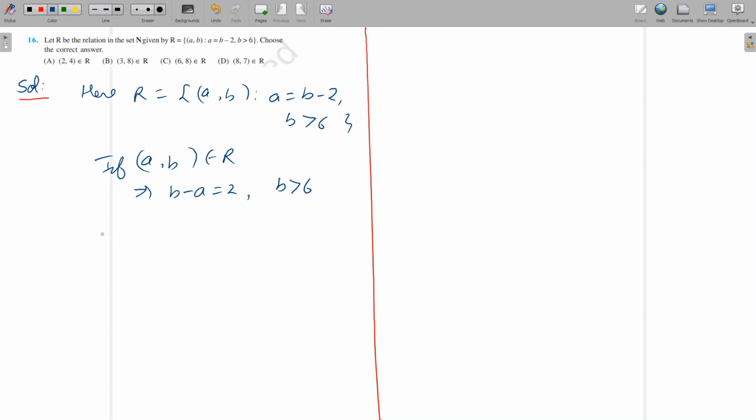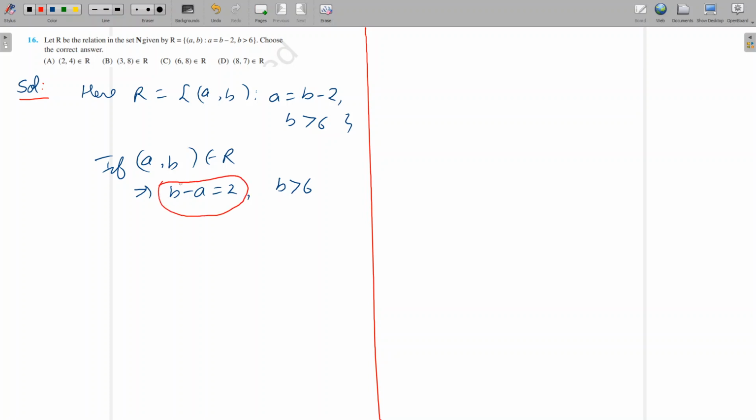So clearly in this case, option A is not satisfied, because in option A the second element is 4 and it should be greater than 6. So we have to check only options B, C and D. In B, C and D the second element is more than 6, but one more condition we have to check, that is b minus a should be equal to 2.